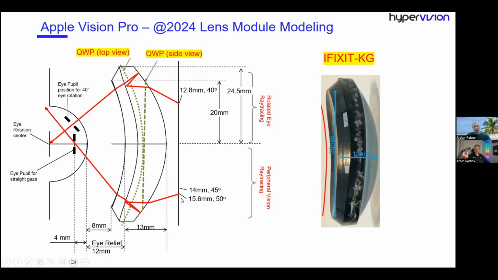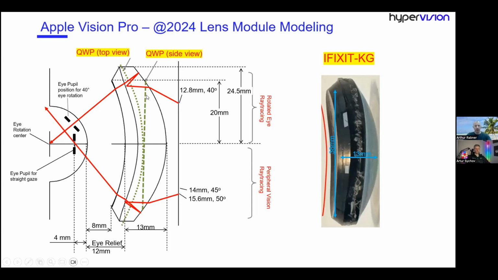You can see that peripheral vision has a bigger field of view than rotational. The issue is that with peripheral vision, we need to direct rays into the pupil, and with rotational into the center of eye rotation.